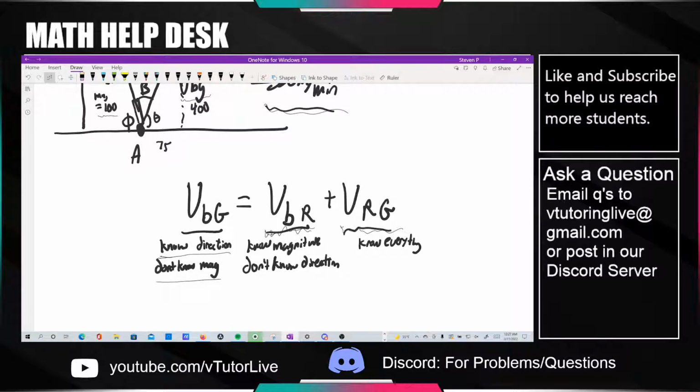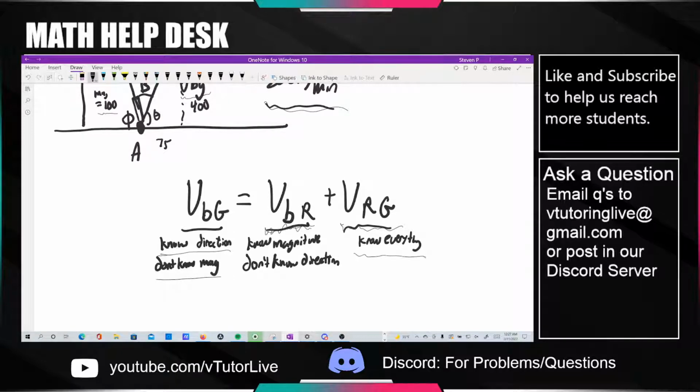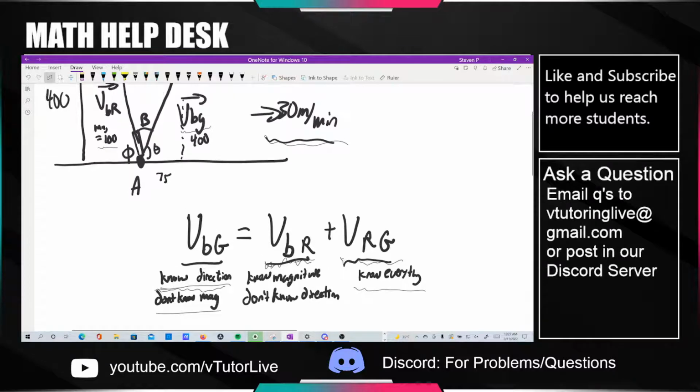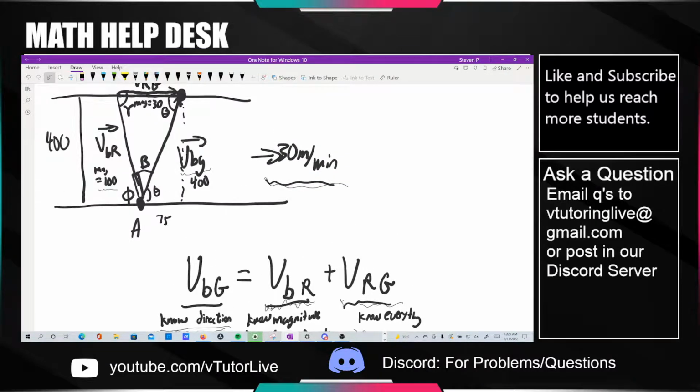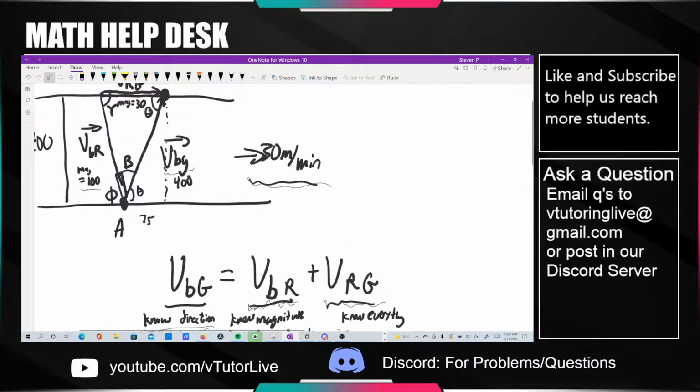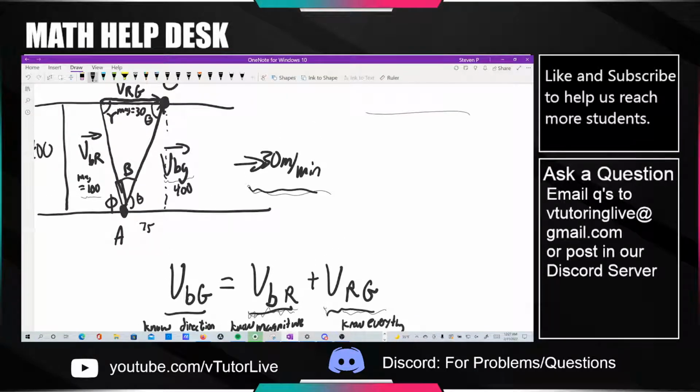So it's sort of this funny situation where you know everything about VRG, you know the direction of one and the magnitude of the other, but there are some gaps we need to fill in. It's a confusing situation, at least until you draw it out, and it sort of all becomes illuminated once you draw it out, hopefully. I'm just going to redraw it a little bit.